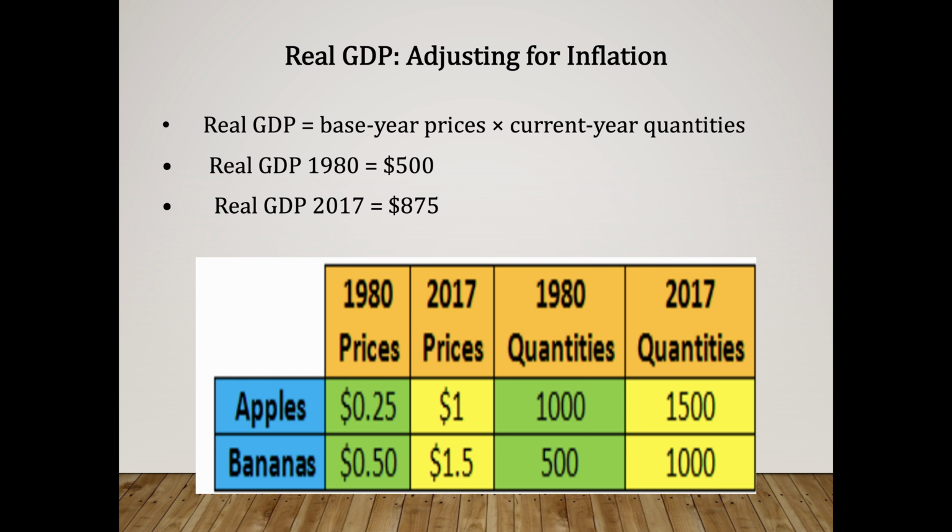So, in 2017, nominal GDP equals $3,000 and real GDP equals $875. Real GDP tells us that after adjusting for price increases, the actual output is equivalent to $875 in 1980 dollars. That's a much more realistic picture of how much the economy's real production grew.